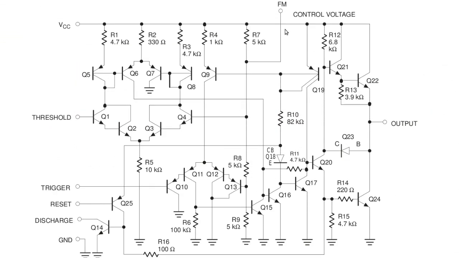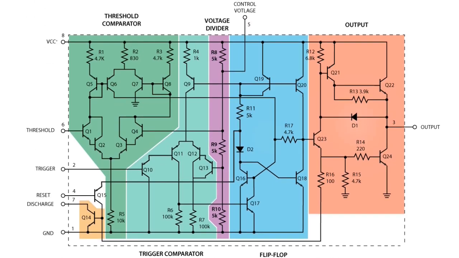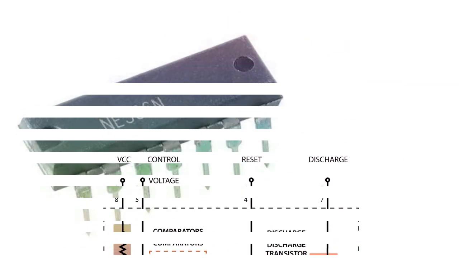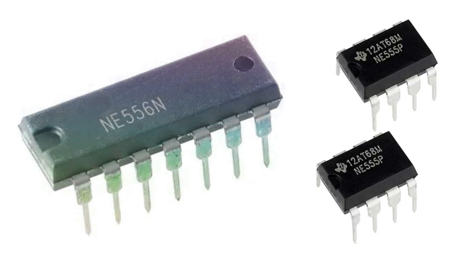The 555 timer chip consists of 25 transistors, 2 diodes, and 16 resistors in the form of 2 comparators, a flip-flop, and a high current output stage. The 556 oscillator timer is another chip where 2 555 timers are combined together.